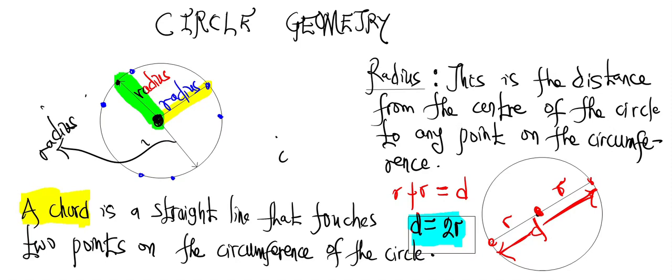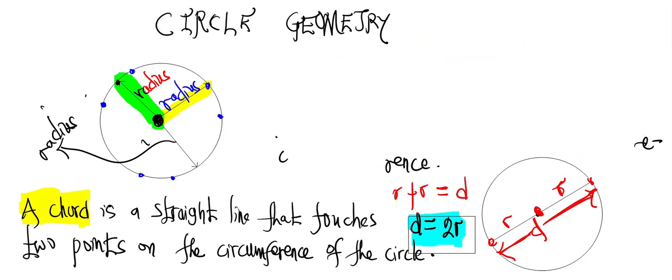Let's talk about circumference. Circumference is just the same concept as perimeter. The total distance around the circle is called the circumference.